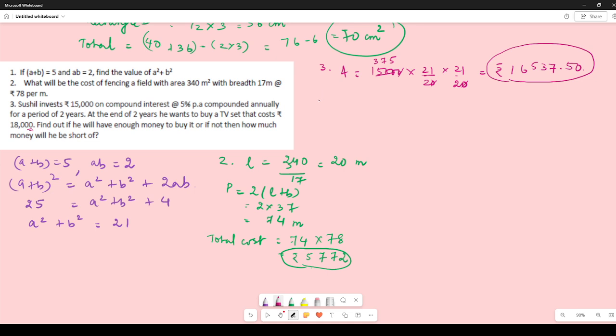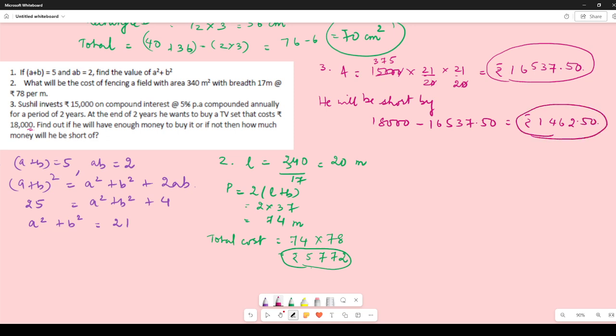So he will be short by how much? 18,000 minus 16537.50, which is equal to how much rupees? 1462.50 rupees. This much money he'll be short of. Okay, now let us take up the next question.